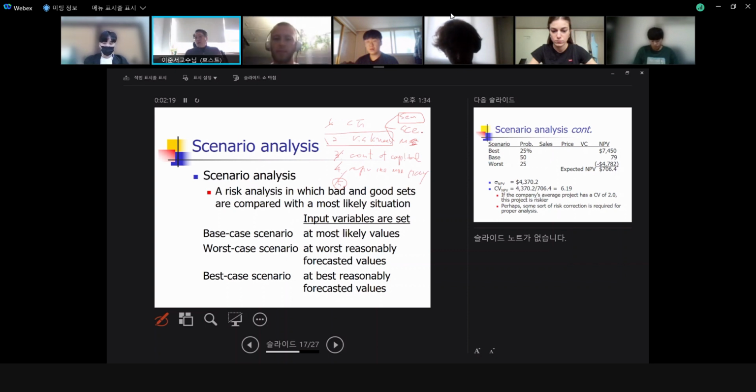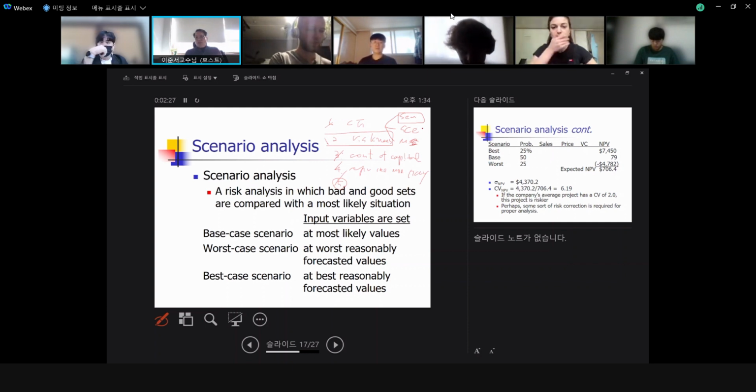In sensitivity analysis, we change only one variable and the other variables are fixed at our original expectation. Then we can figure out which variable is the most sensitive with respect to net present value. Once we figure out the most sensitive variable, then we should recalculate the forecast expectation value of that variable, right?